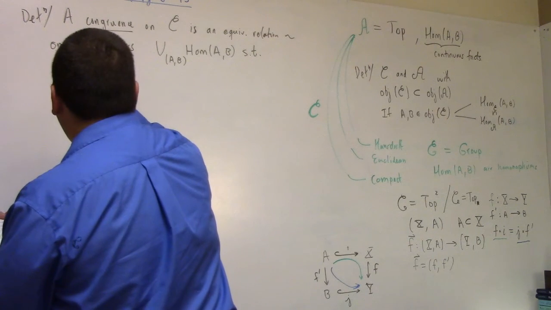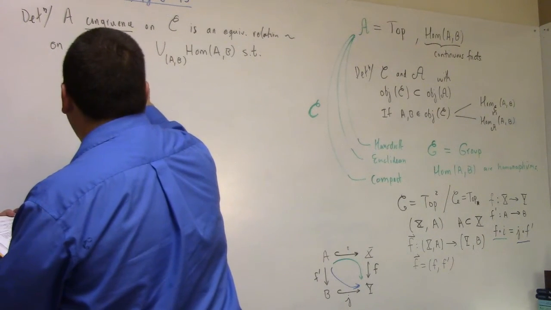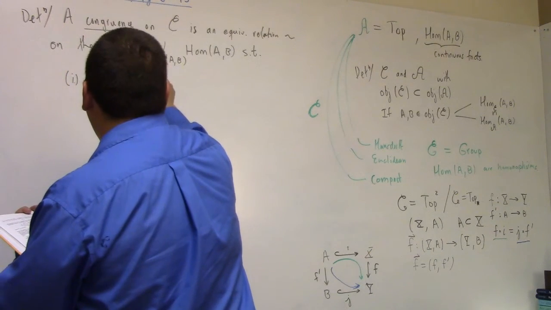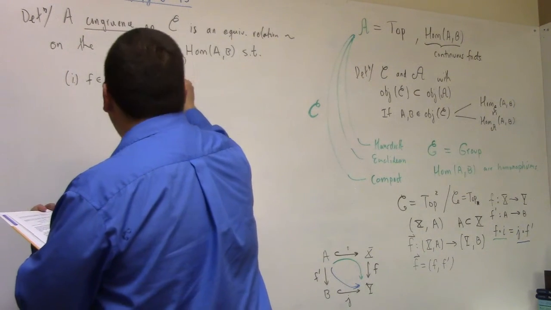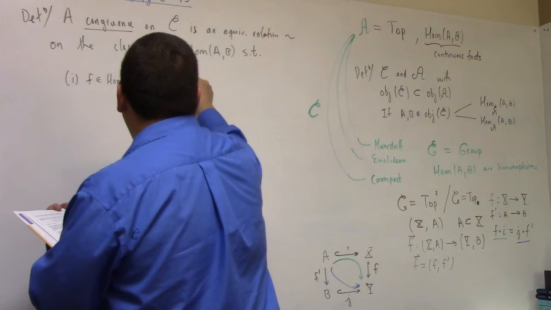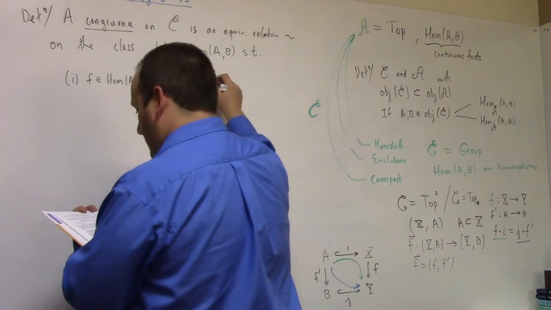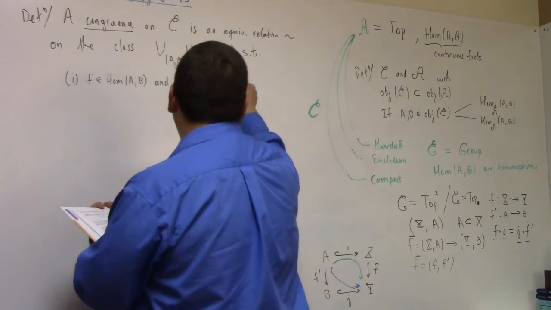If f is a morphism and f is equivalent to f prime, then that implies what?